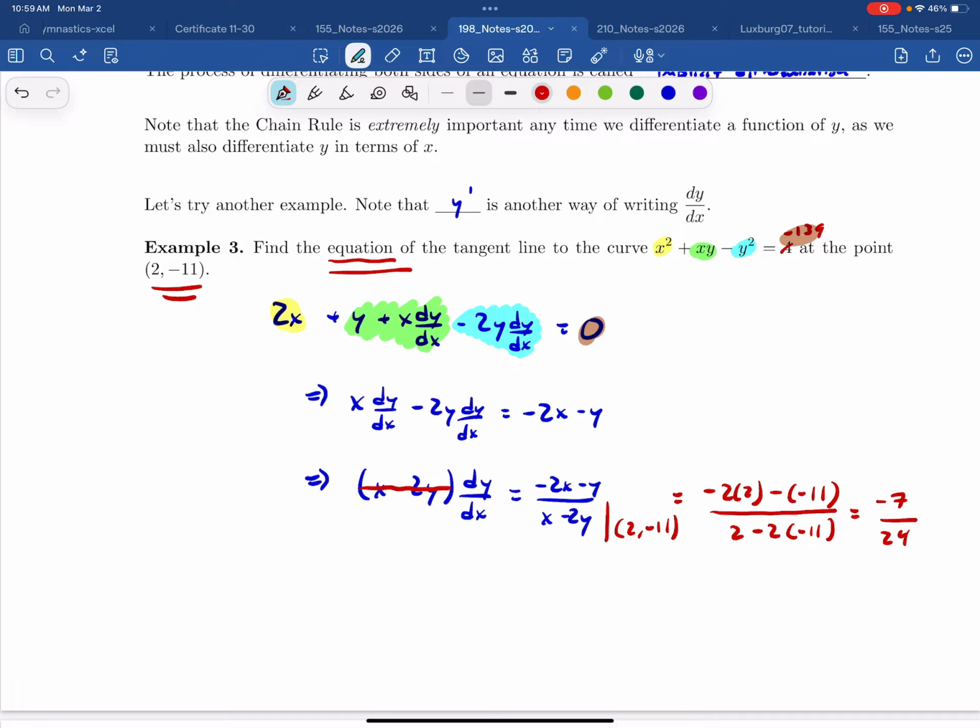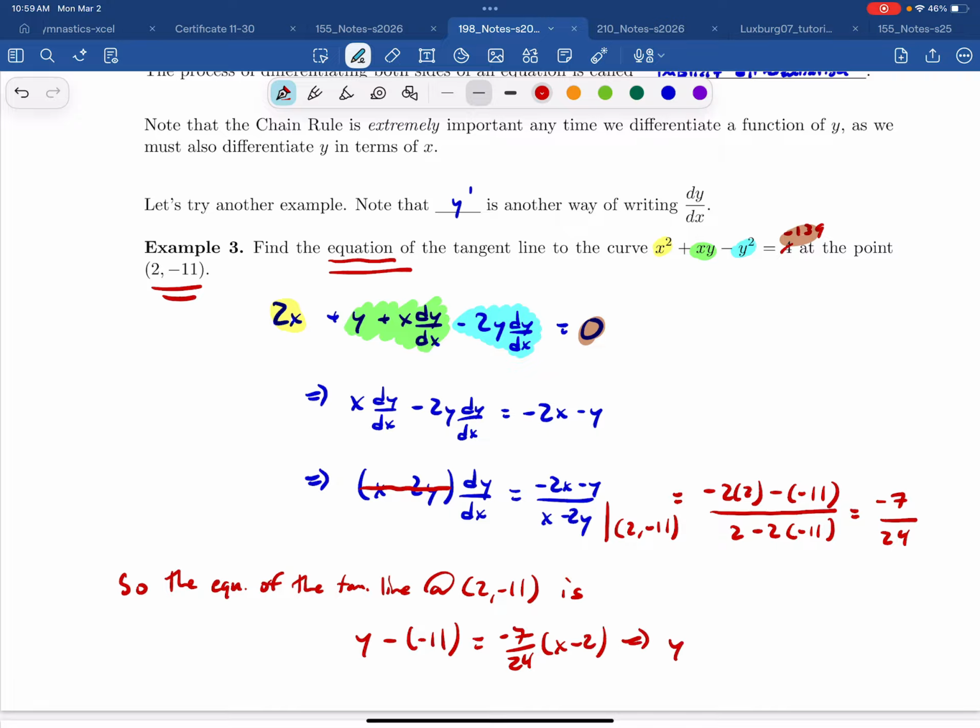Okay? So you say, okay, well, then that's the right answer, right? Well, no, we have to find the equation, okay? So we'll say, the equation of the tangent line at 2, negative 11 is, and remember, it's y minus y1 equals the slope, which we just found to be negative 7/24, times x minus x1.